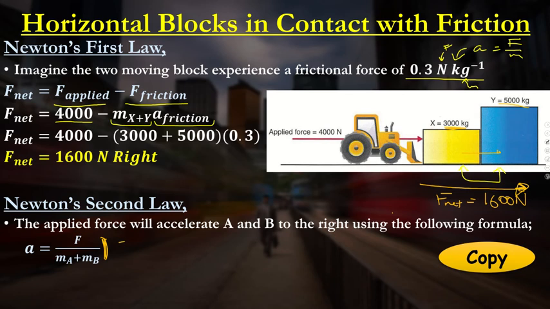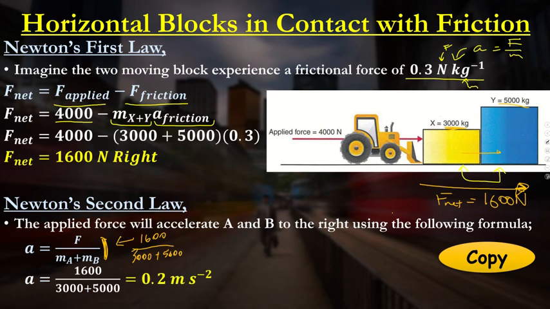The force that they are experiencing is 1,600, and then I just add the masses of the two objects together. And what I will find is the net acceleration is 0.2 meters per second squared towards the right.